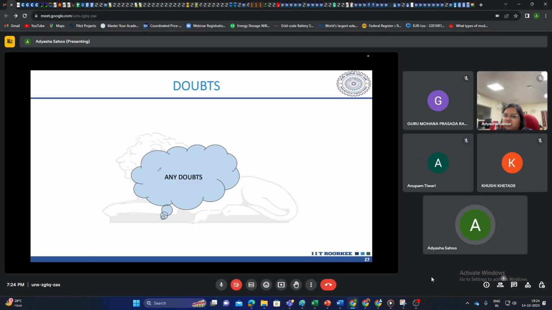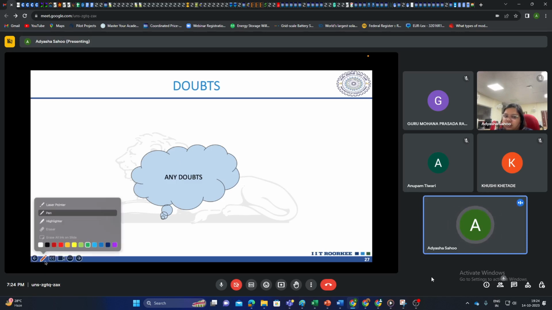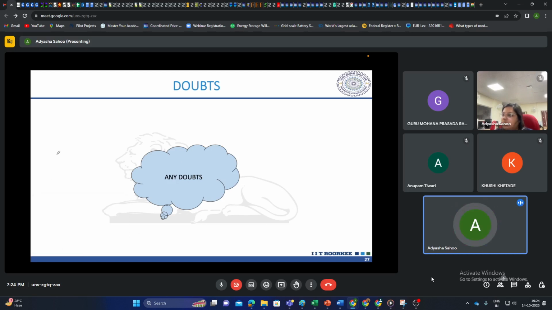Okay, if anyone has no doubt, I wanted to discuss just one last concept maybe. Throughout this course, we were talking about transforming the ABC frame to alpha beta frame and DQ frame.